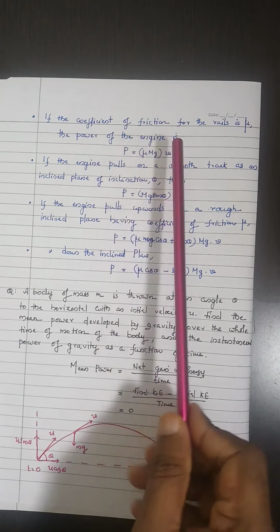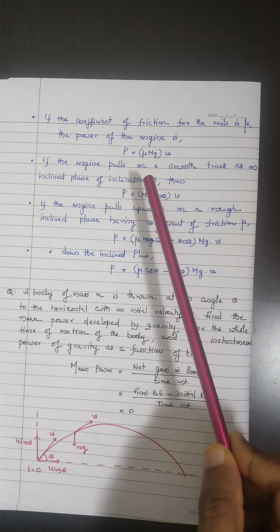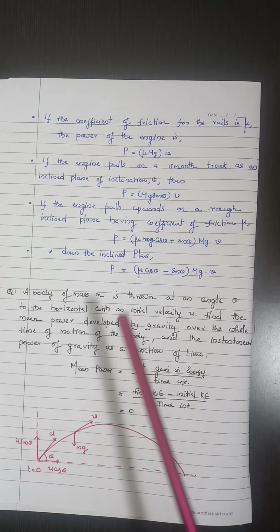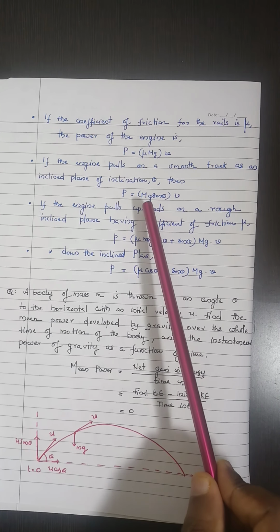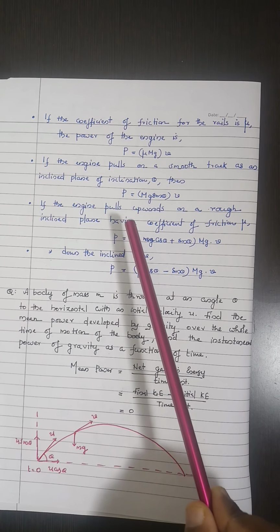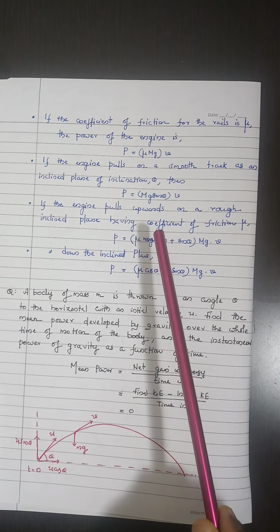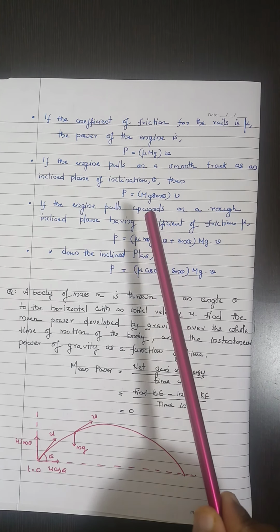If the coefficient of friction for the rails is mu, then the power of the engine is simply mu mgv. If the engine pulls on a smooth track on an inclined plane of inclination theta, then the power is the responsible force into velocity, as mg sin theta into v.